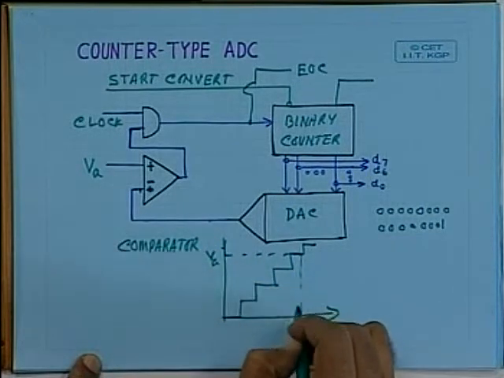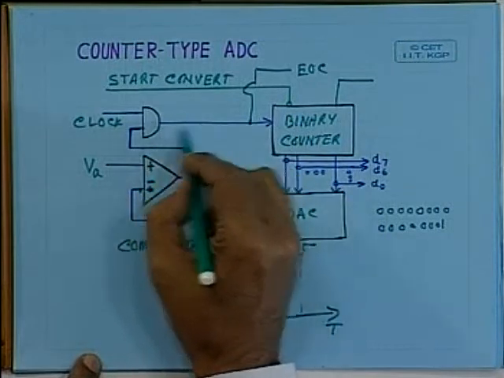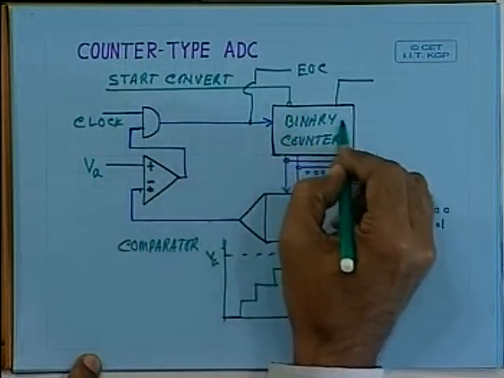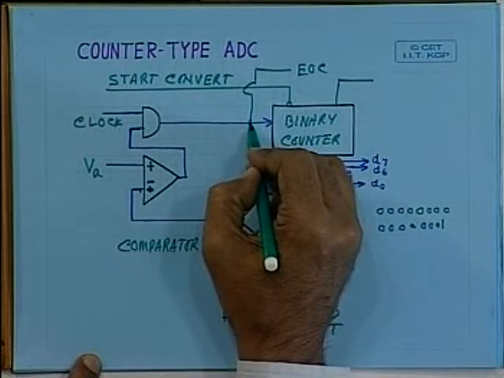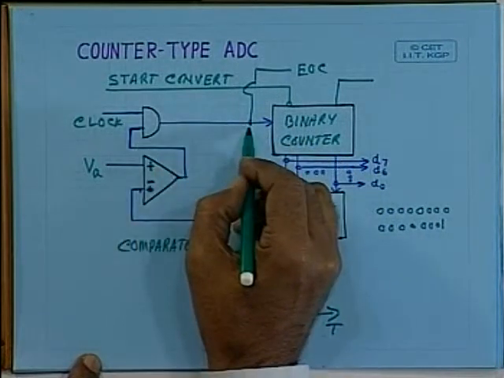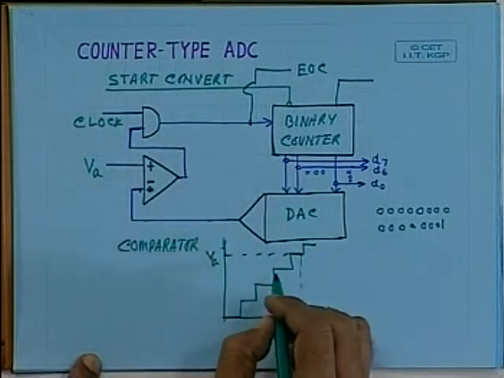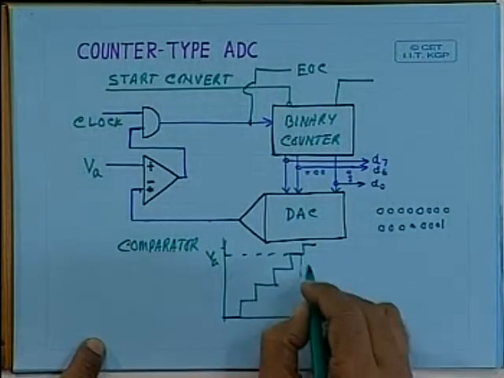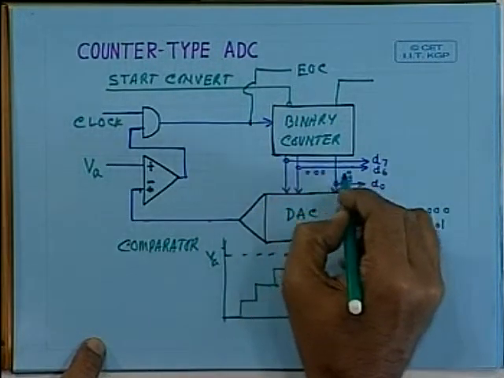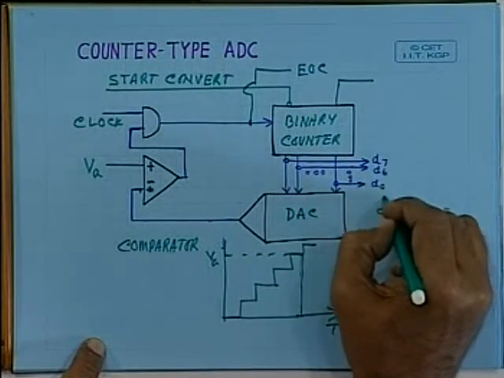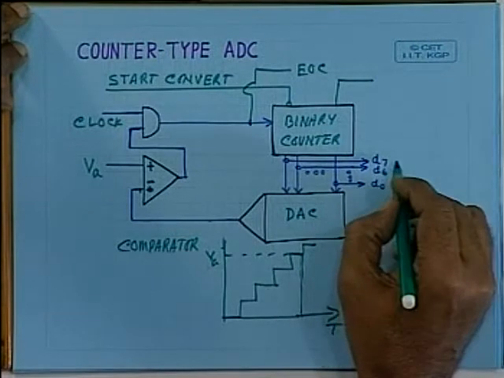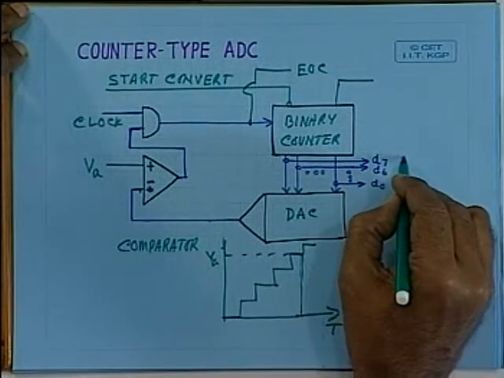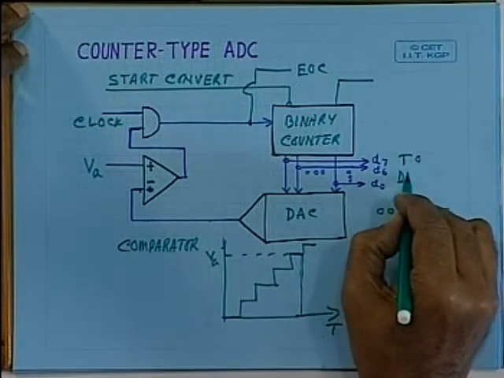The counting will stop here because the clock is not allowed to reach the counter, and whenever this output changes from 1 to 0, we know that end of conversion is taking place. At this point, whatever the count value is, it is proportional to the digital data. This can be applied to a display to get the digital data.